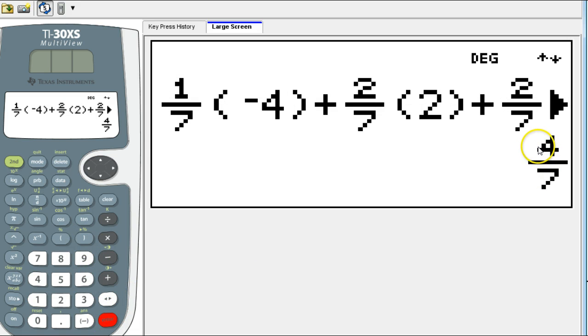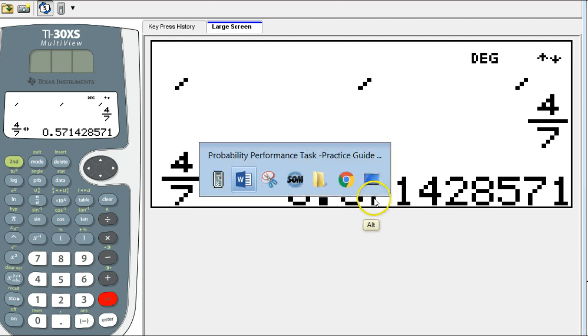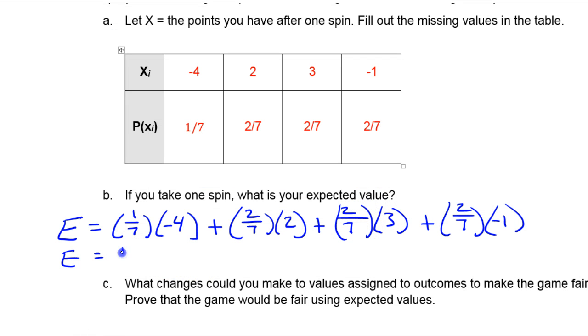Okay, I'm getting 4/7, which is approximately 0.57. Okay, that is the expected value.